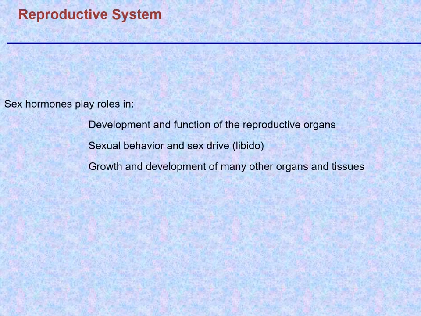Okay. These sex hormones, of course, play a role in development and function of the reproductive organs and in sexual behavior and sex drive or libido, and also the growth and development of other organs besides just sexual reproductive organs. So other organs and tissues in other systems are also influenced by sex hormones.